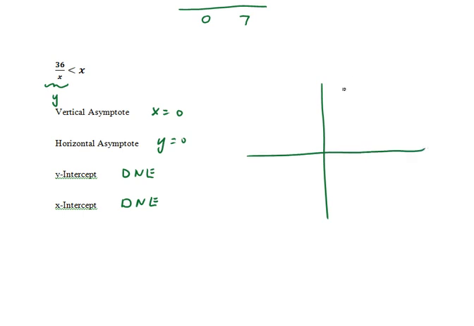So one of the points in the right-hand branch is 1, 36, and in the left-hand branch is -1, -36. Now, I'm not going to pretend that I'm drawing this to scale. But we will have a curve like this.